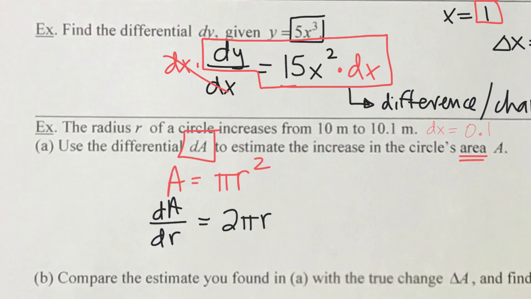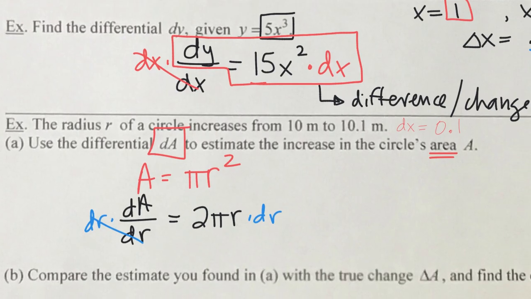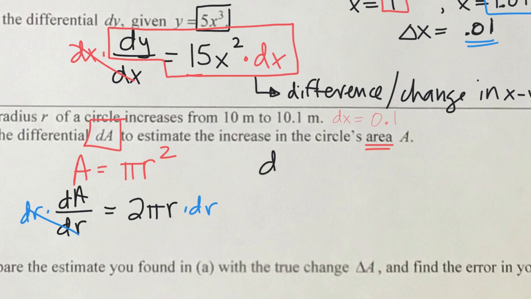Okay, now in order to make our differential, we're going to multiply both sides by dr, right? The change in your radius. So the change in area equals 2 pi r times dr, the change in our radius. Okay. So 2 times pi, that's standard.